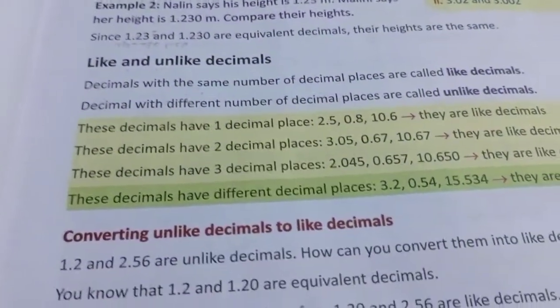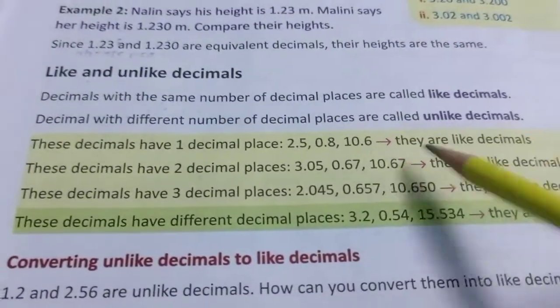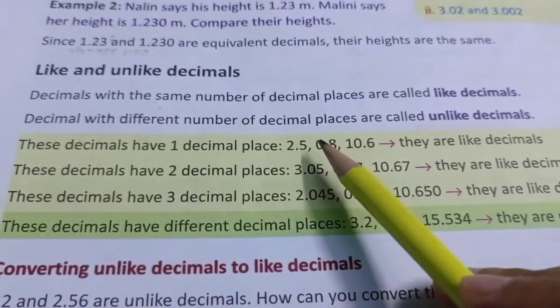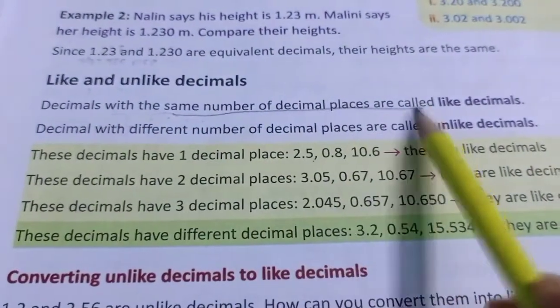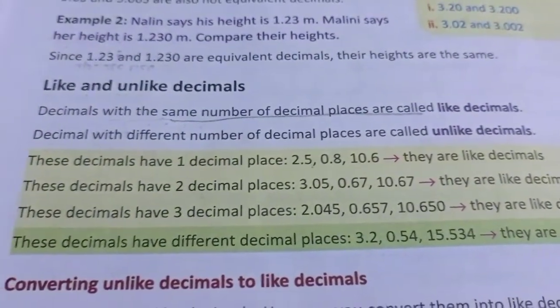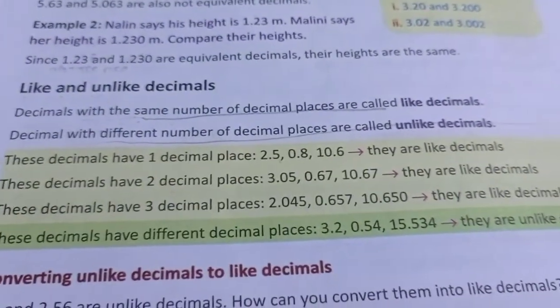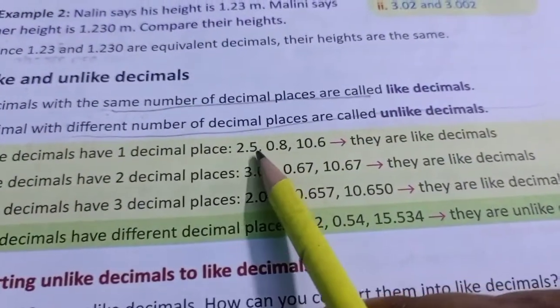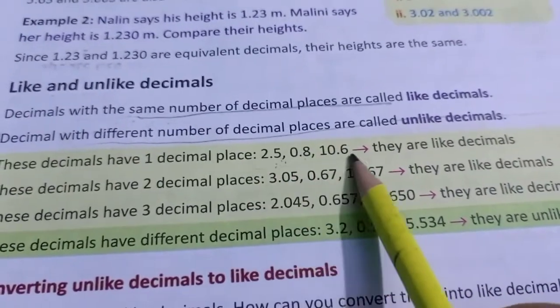Now there are two more concepts, that is like and unlike decimals. Like decimals means decimals that have the same number of decimal places. Decimals with different numbers of decimal places are known as unlike decimals. Like you see in this example, 2.5, 0.8, 10.6 have one decimal place.